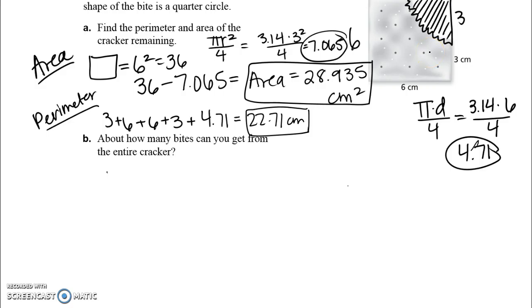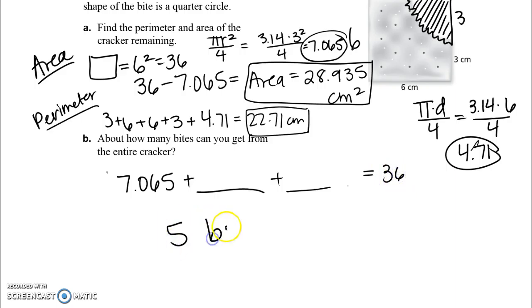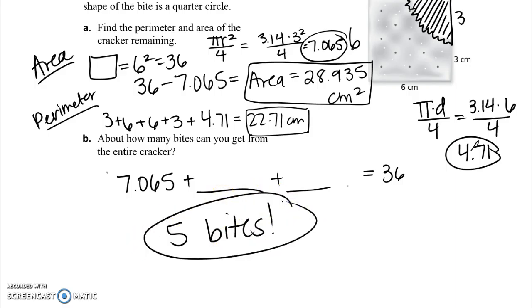So you basically have to find out how many bites. Sorry, the area of the whole cracker was 36. So you add 7.065 until you get up to the area of the full cracker, and it's approximately 5 bites.